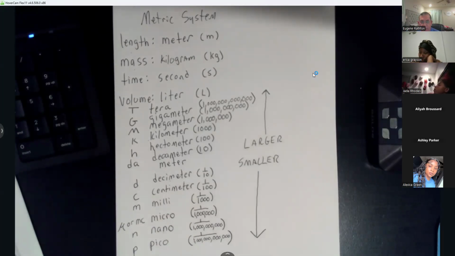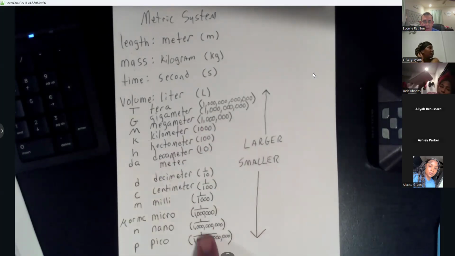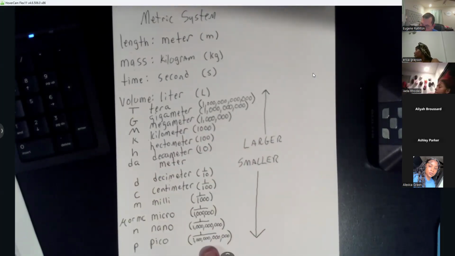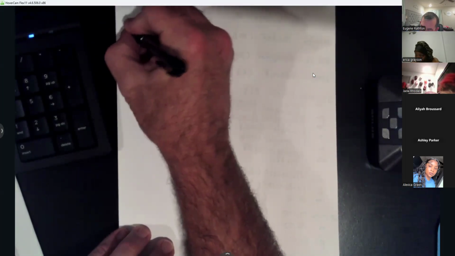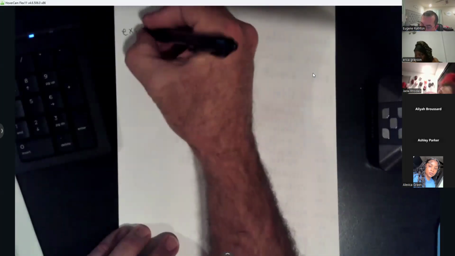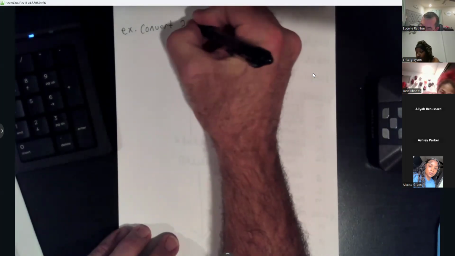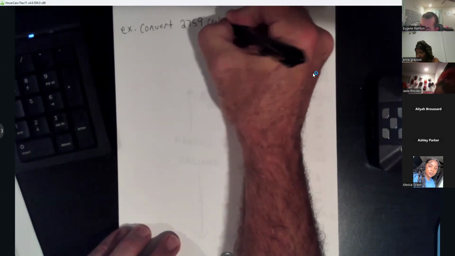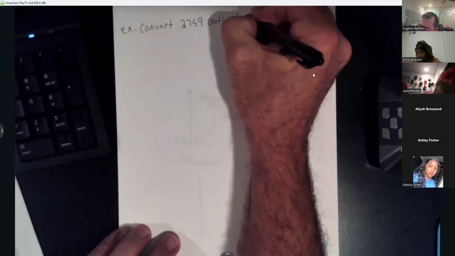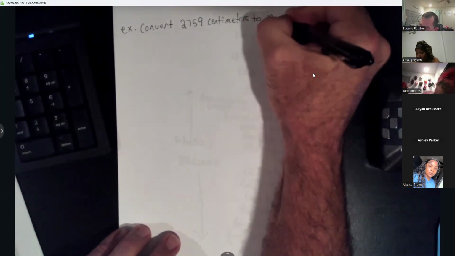All right, so let me show you an example of using this table right here, okay? All righty, so for this problem, we're going to convert 2,759 centimeters to meters.